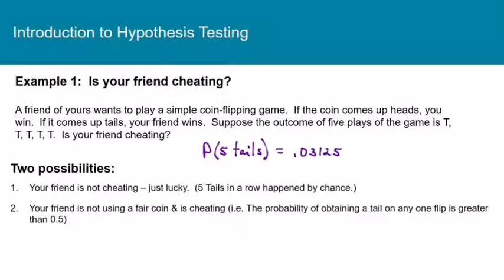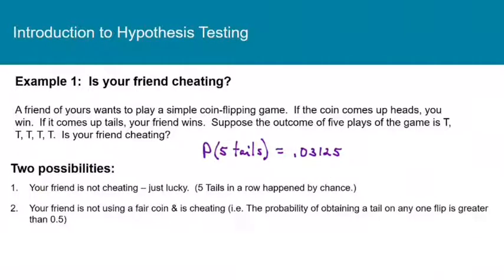Now, I've done the math, and it turns out that the probability of getting 5 tails in a row with a fair coin is only about 3.1%, so 0.03125. Now, we know anything with less than a 5% chance of happening is considered an unusual event, so this is a pretty small probability.